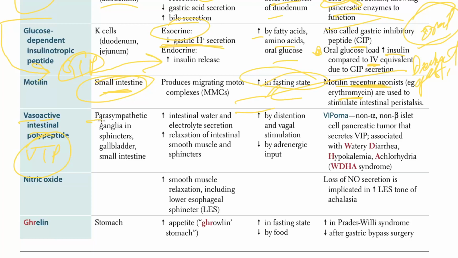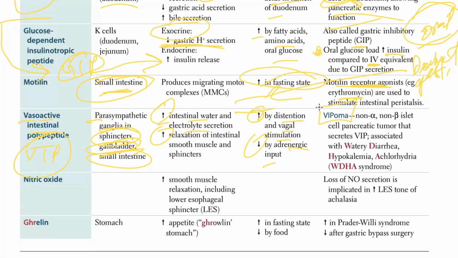Where they're located: the parasympathetic ganglia, the sphincter, gallbladder, and small intestine. They increase intestinal water and electrolyte secretion, very important. They increase relaxation of intestinal smooth muscles and sphincters, very important. What regulates them? They are increased by distension and vagal stimulation, and decreased by adrenergic input.